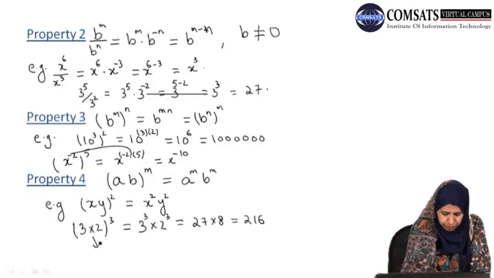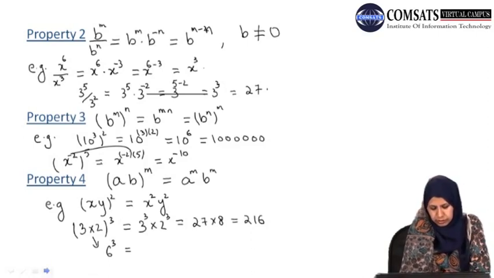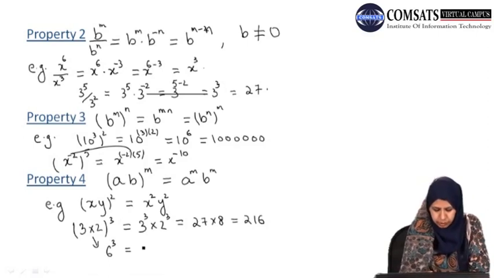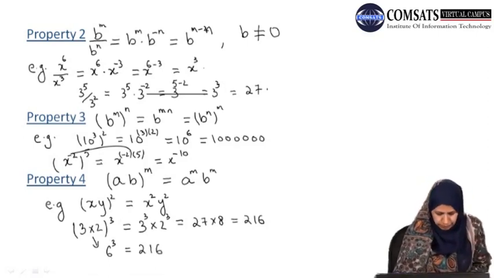Also, if we simplify it, we obtain 6 cube, and 6 cube is 6 into 6 into 6, that is 36 into 6, which is 216.